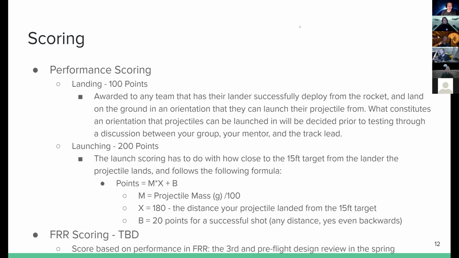And then you'll also get additional points potentially for the FRR. FRR is the third, and it's the pre-flight design review in the spring. So we talked about the PDRs happening in December. That's the first one. And there will be a CDR sometime in the early spring, and then there'll be an FRR in March or April.